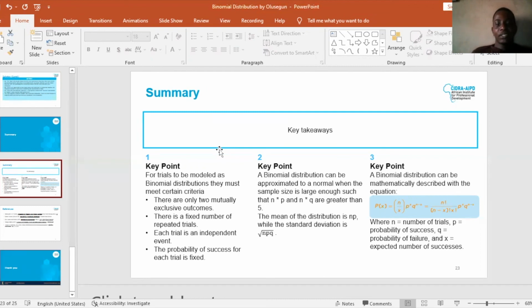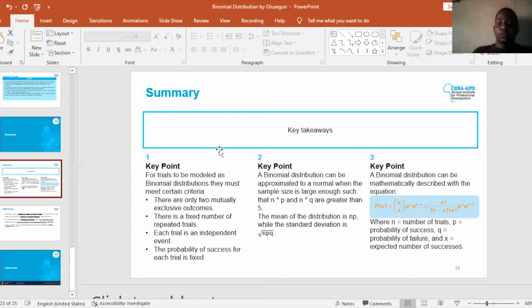The second key point: a binomial distribution can be approximated to a normal distribution when the sample size is large enough, such that n times p and n times q are greater than 5. That means if your sample is large enough, such that the product of the number of trials times the probability of success is greater than 5, then the binomial distribution can be approximated to a normal.